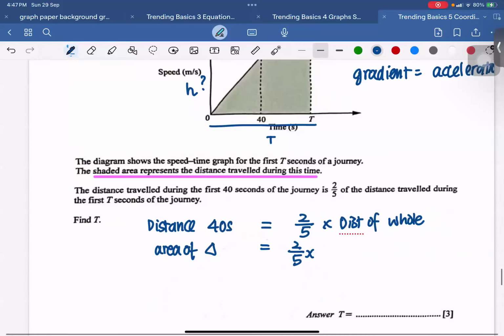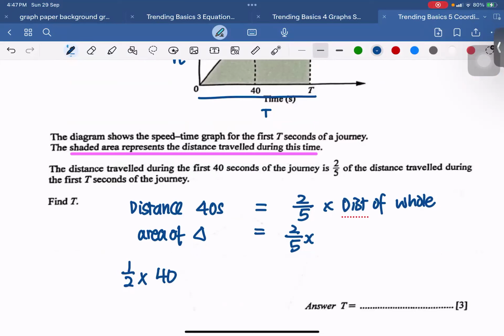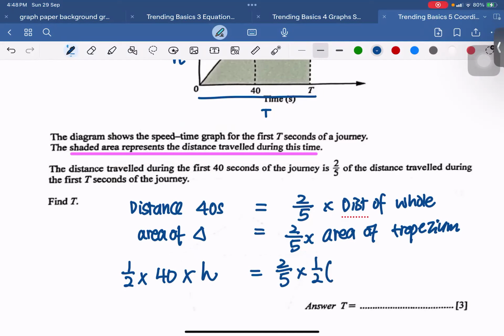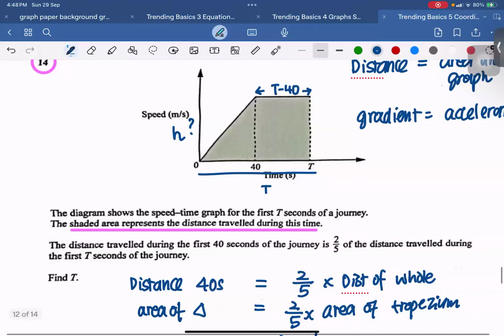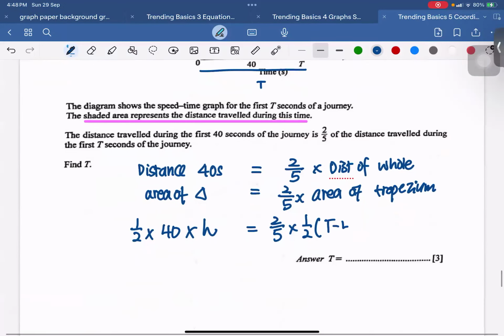Right? Area of triangle first: half times base times height, half times 40 times the height. 2/5 area of trapezium. Trapezium is half times (a plus b), t minus 40 plus t, times the height.